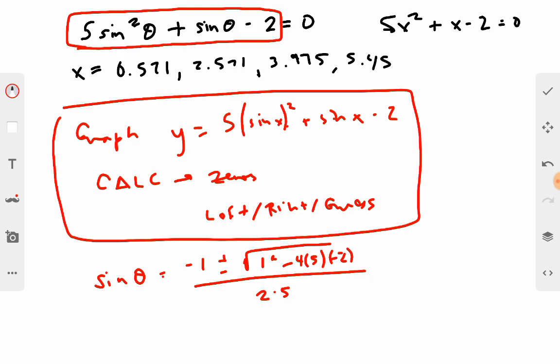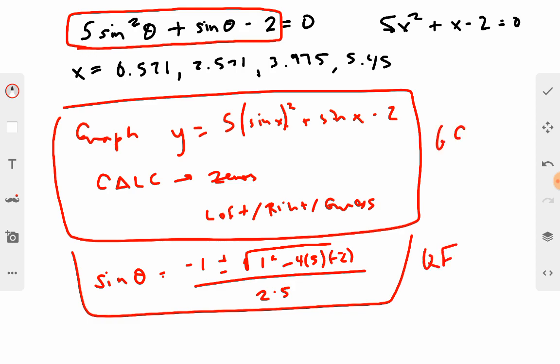So you'd have to get that into a decimal, and then you'd have to do sine inverse of all of that. Okay, so that's your other option using the quadratic formula. So the graphing calculator or the quadratic formula. Those are your 2 options for one that's not going to factor.